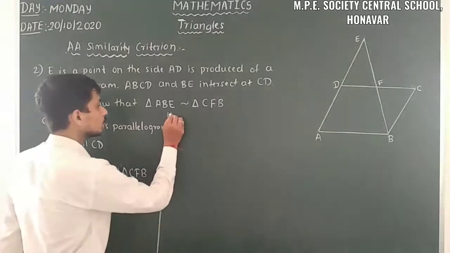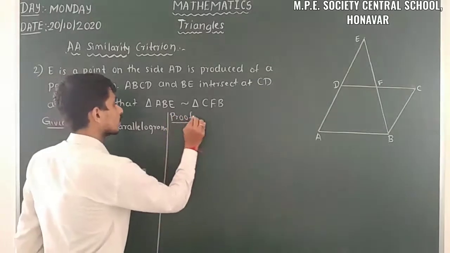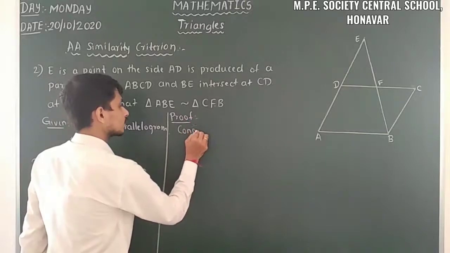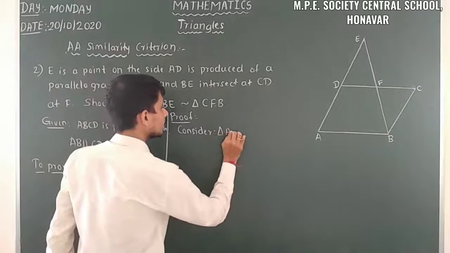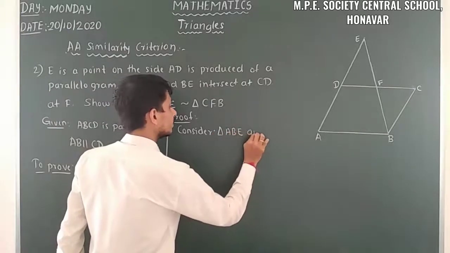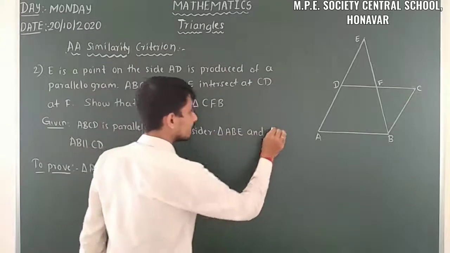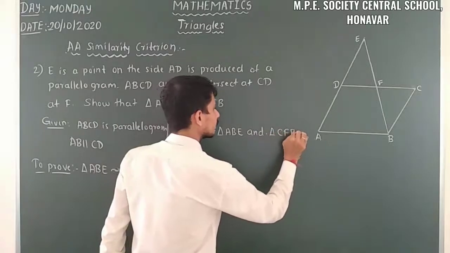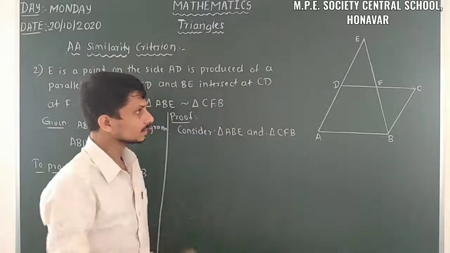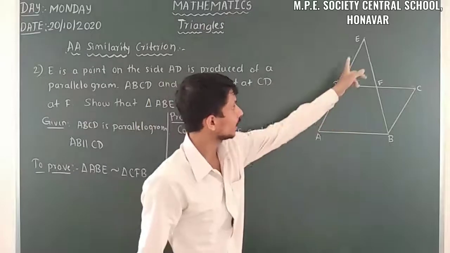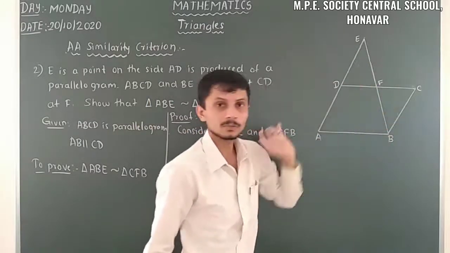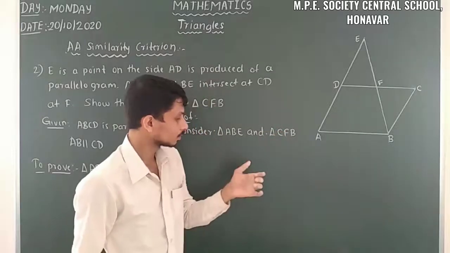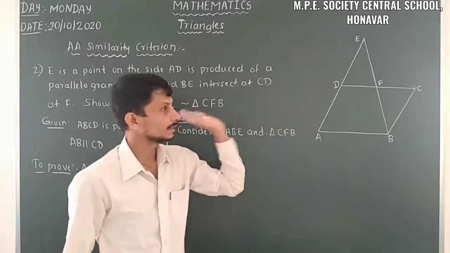Proof: consider triangle ABE and triangle CFB. Just observe ABE and BCF here. So we consider those two triangles here.